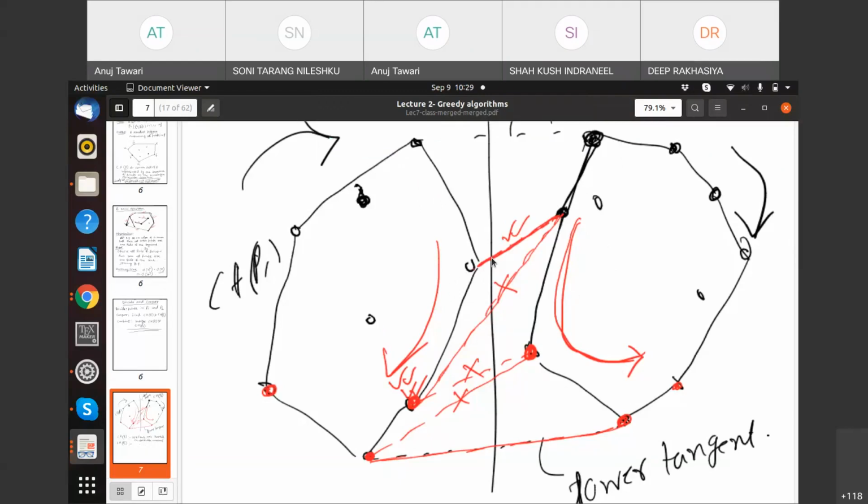When you want to find the upper tangent, notice that the line connecting these points intersects this middle line at the highest point. It intersects it here. This line segment intersects it here. This line segment intersects it here. So we want to find the line which intersects this middle line at the highest point.